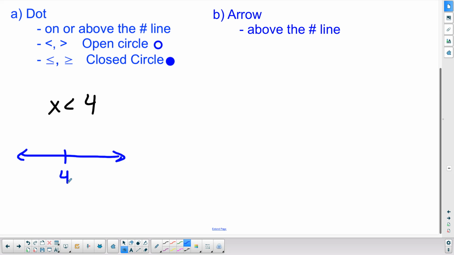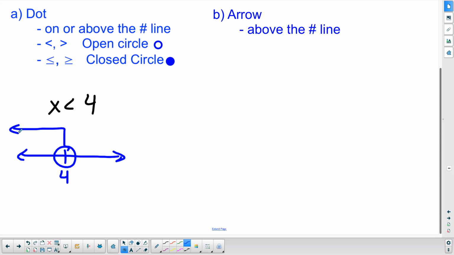What is it? Open. It's open because it's just less than. So I would make a clear open circle around that. Then I want numbers smaller than 4. So smaller numbers are to the right, or excuse me, to the left, the other right.